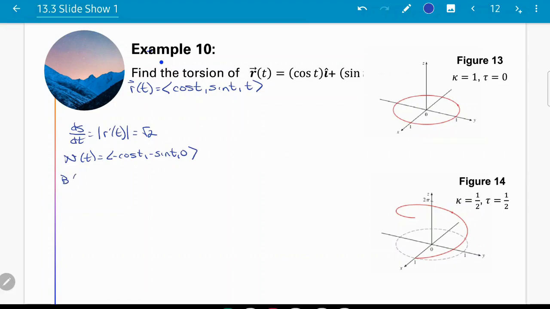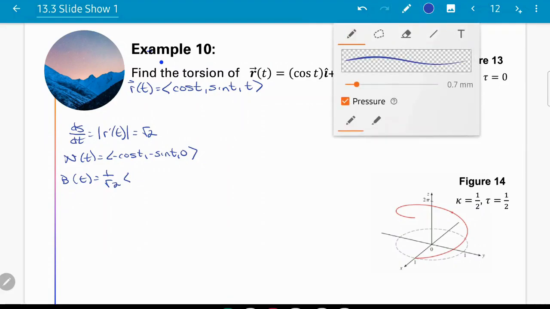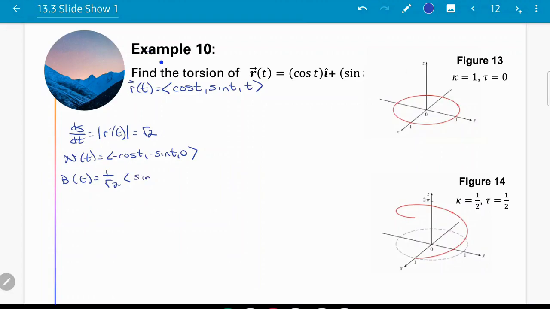We had our binormal vector as 1 over square root of 2, sine t, negative cosine t, 1. We can then find B'(t), which is going to be 1 over square root of 2 times cosine t, sine t, 0.